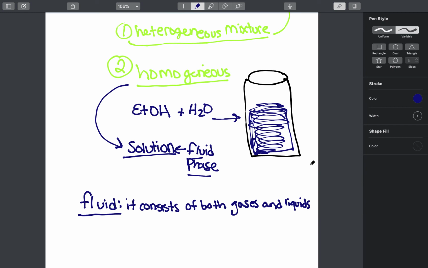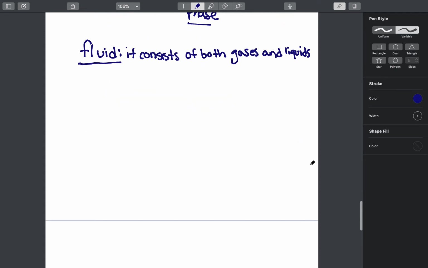With that, we're going to discuss one of the last things for the introductory definitions, and that is the changes in matter, not properties.